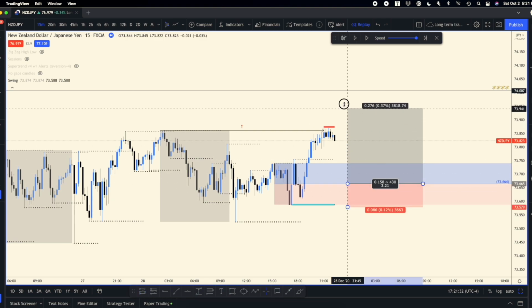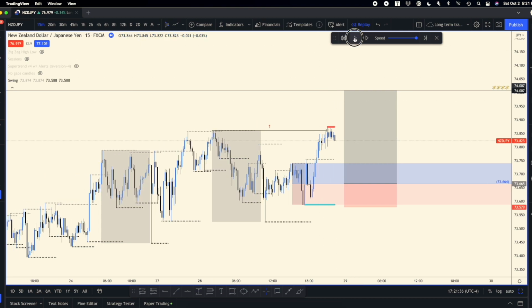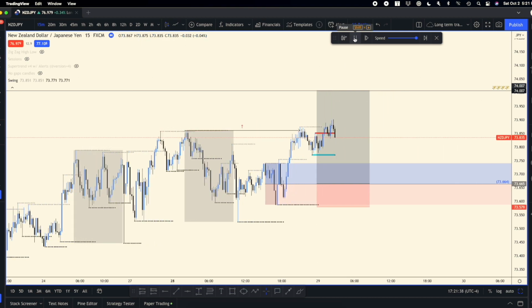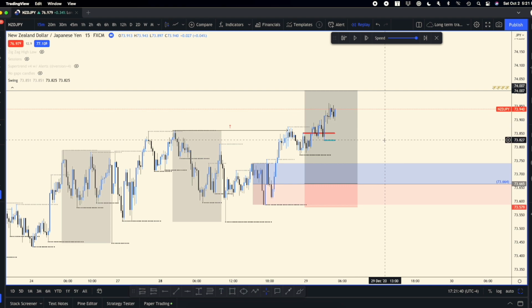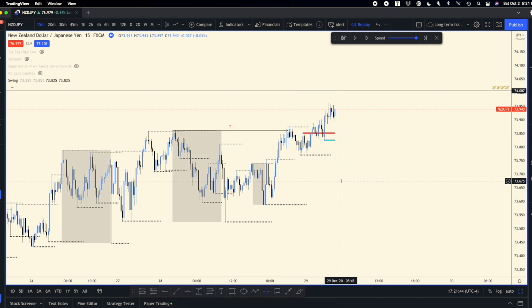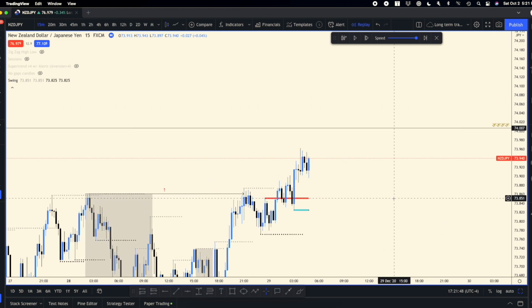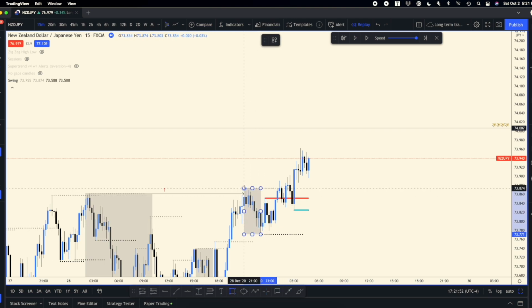I'll leave that here and take it up to the north side. So let's play this out to see what it does. So you need to learn how to be flexible, right? Trade what you see. And what I see is structure breaking to the top side. Again, double MB entry, confirmation.